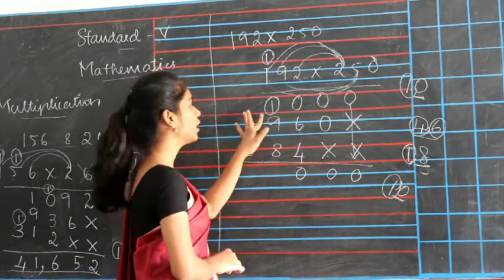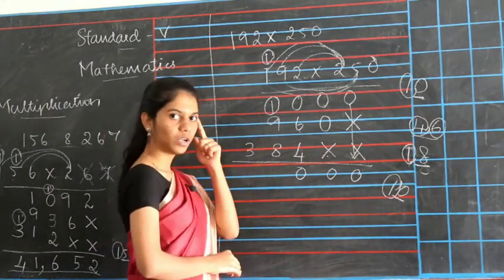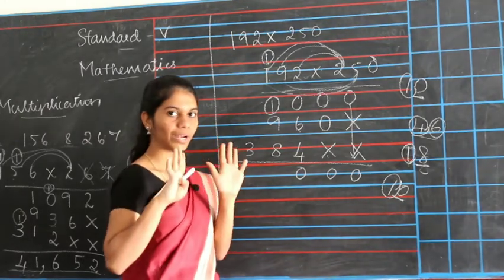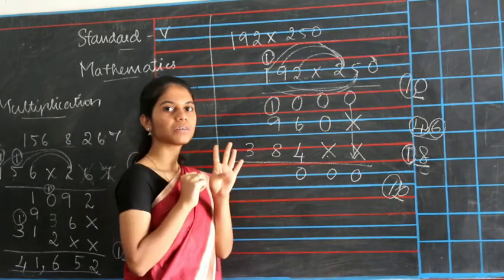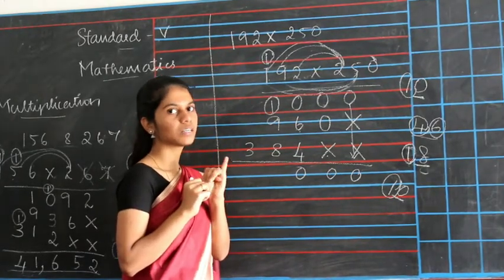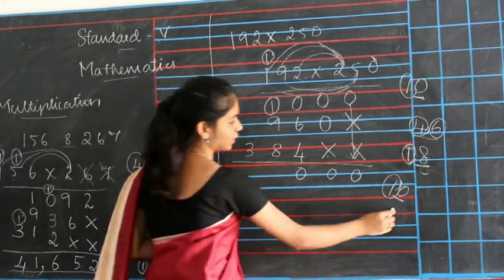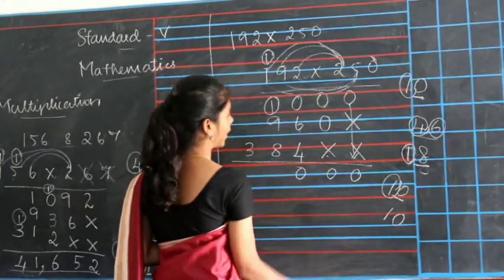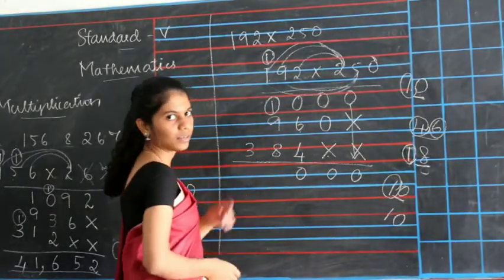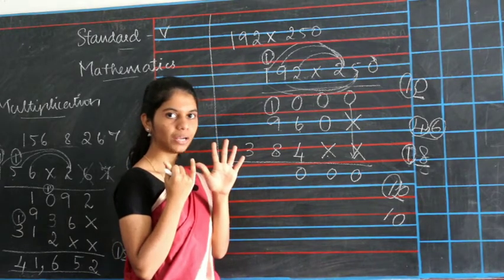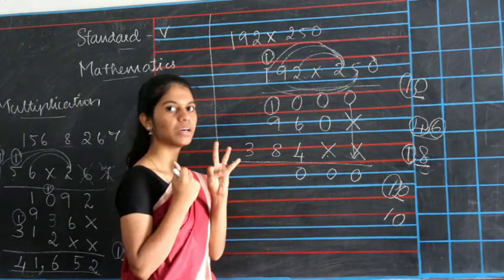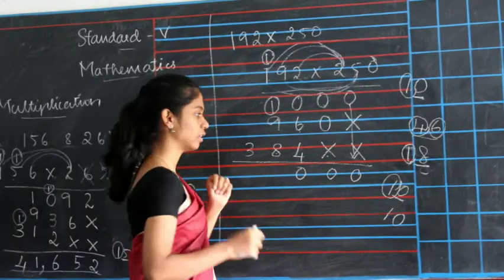Okay, now 1 plus 9, 1 in your mind, 9 in your finger. 1 after 10, 2, 3, 4, 5, 6, 7, 8, 9, 10. So 10 you got. Okay, so 10 plus 8. 10 in your mind, 8 in your finger. 10 after 11, 12, 13, 14, 15, 16, 17 and 18.